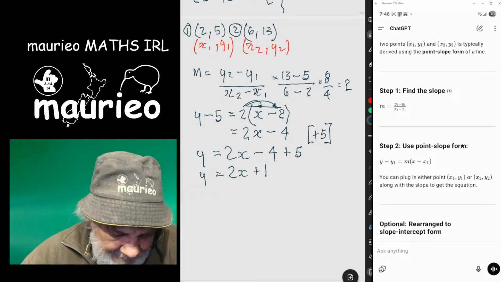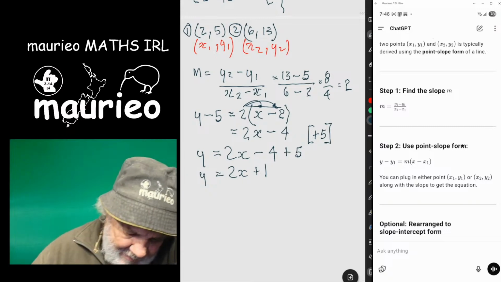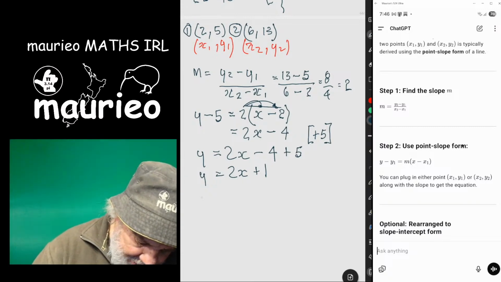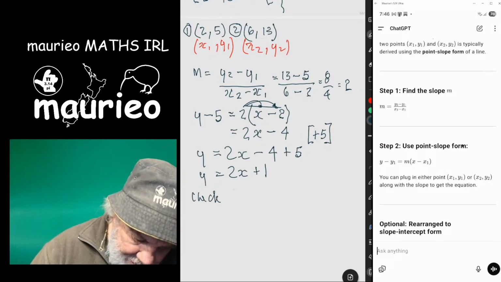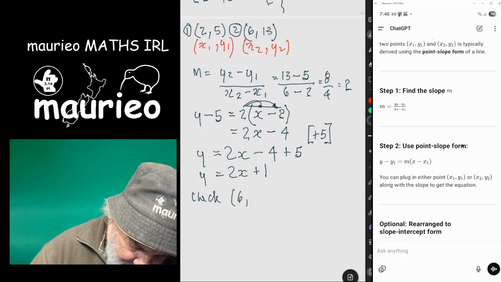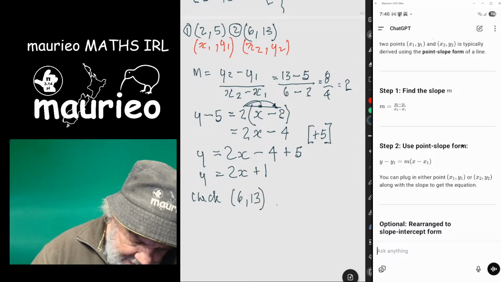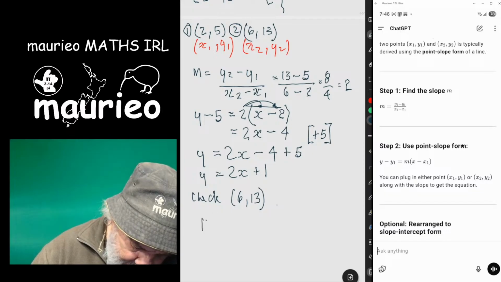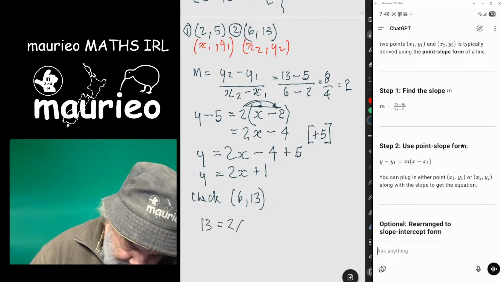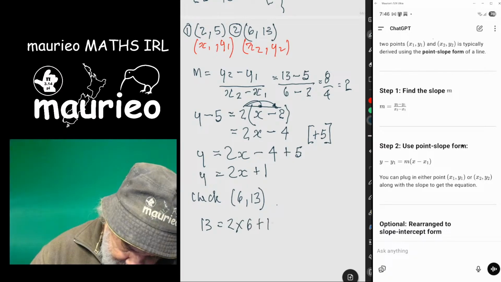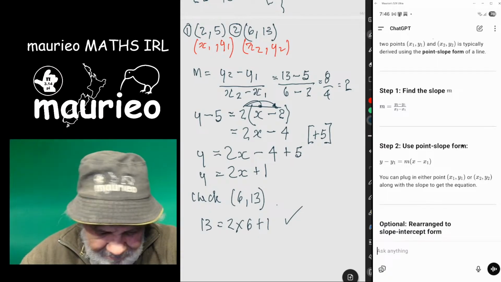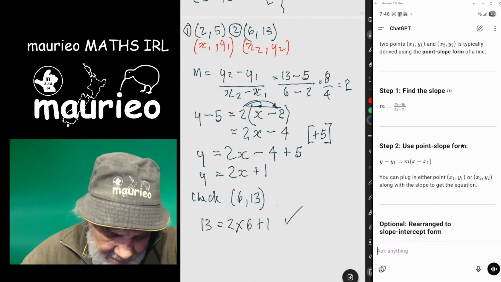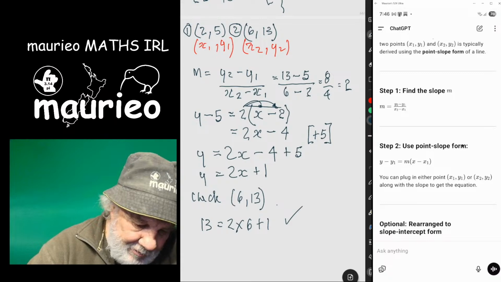Okay, we used the first formula there, so let's just check this point here, 6, 13. So we get 13 equals 2 times 6 plus 1. That's correct. And if we look at 2 times 2 plus 1 is 5.